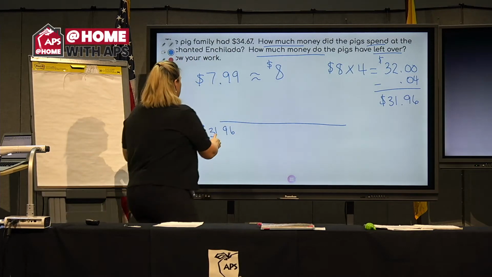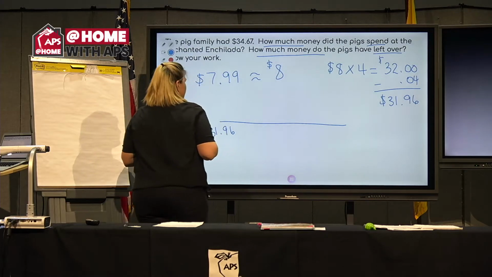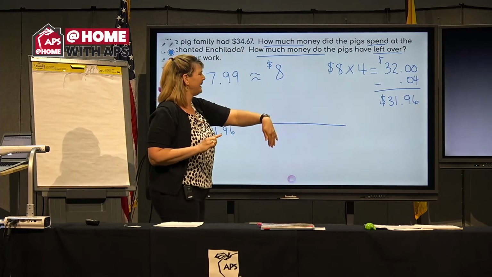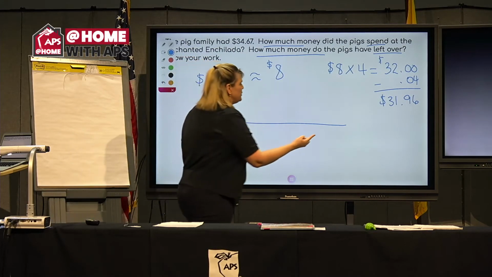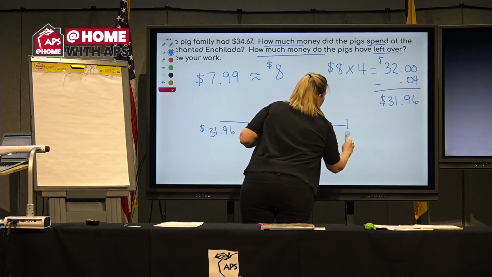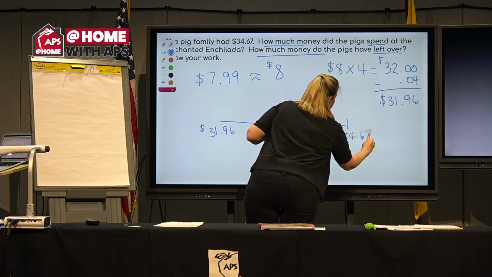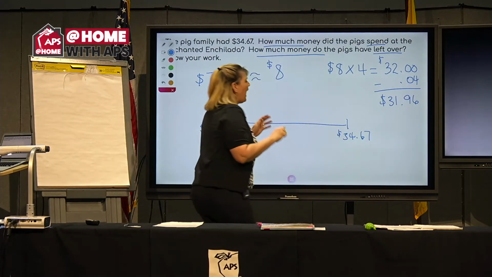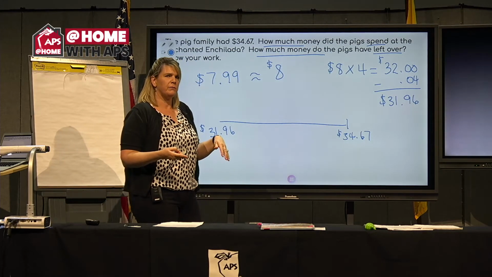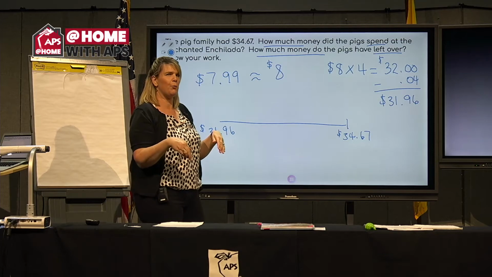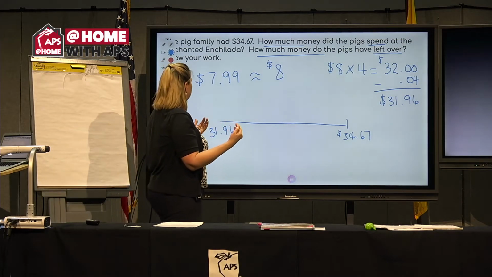So if they started with $31.96 and they originally had $34.67, how much money did they have left over? I'm going to do this, like I said, more of an open number line idea.